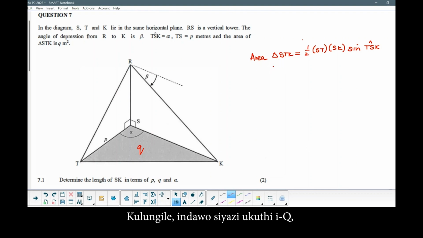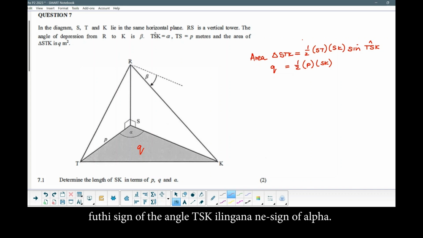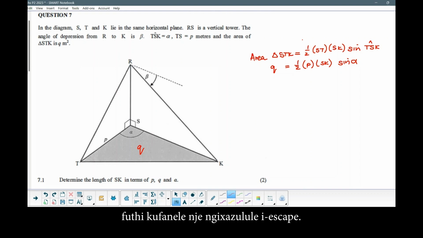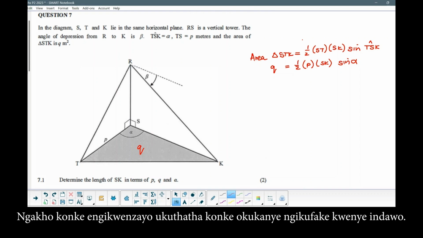So the area we know is Q. We know that ST is P units. We don't know SK. We're actually finding SK, so I'm leaving that as SK. And sine of angle TSK is actually sine of alpha. So we've now introduced all the variables that they wanted us to use, and we just have to solve for SK. So all I have to do is take everything else over onto the other side.